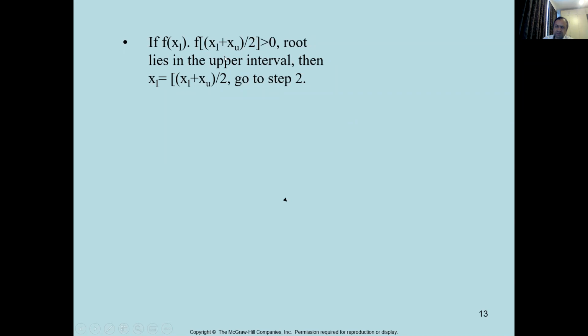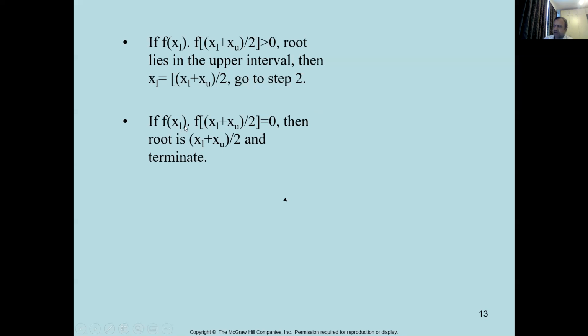In that case, xl plus xu over 2 will become the lower limit, and the upper limit will be as before. So we will go back to step 2 and repeat the process, and keep on repeating it. And the third situation can be that if f of that will be rare.